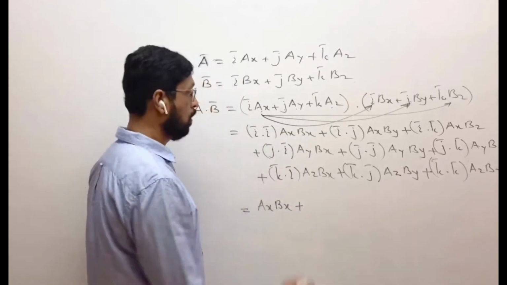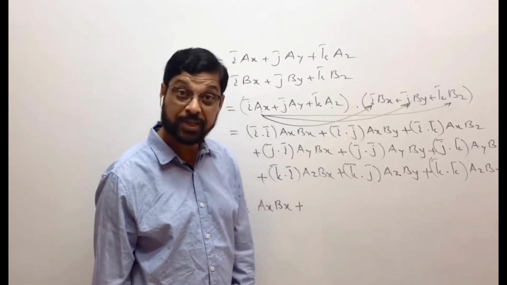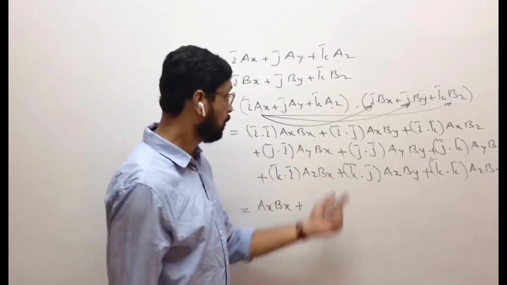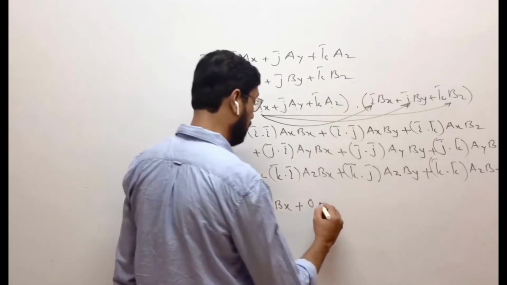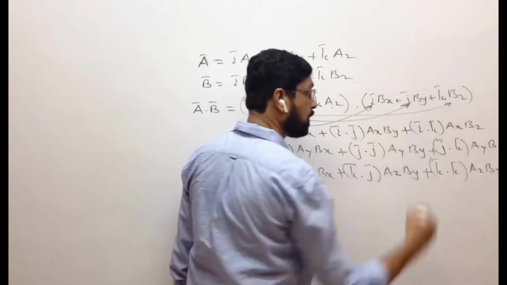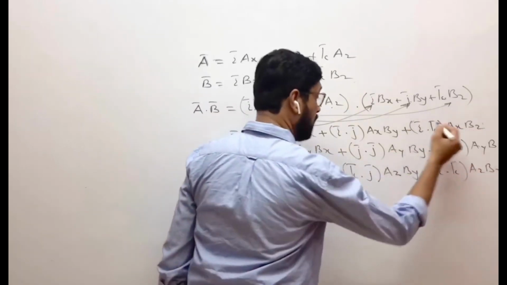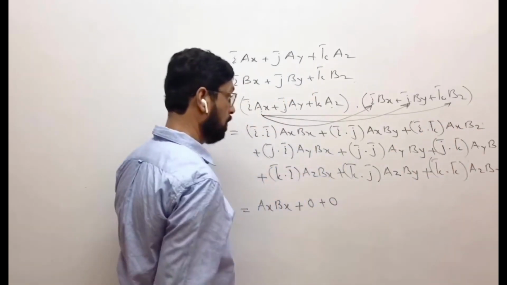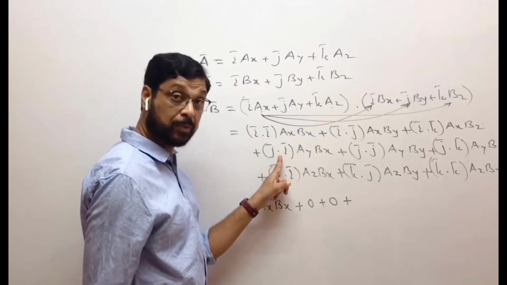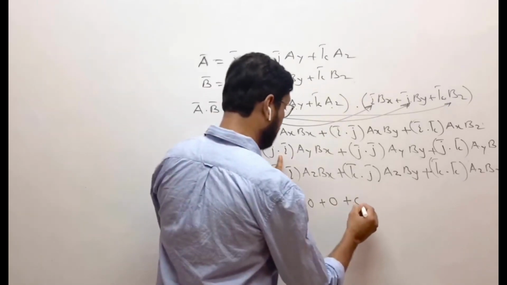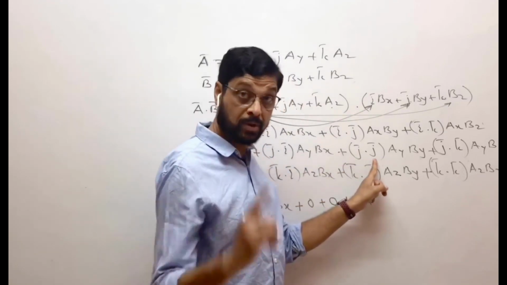plus what is I dot J? I dot J is 0. So 0 into AxBy will be 0, plus I dot K. I dot K is again 0. So this whole term will become 0, plus J dot I is also 0, plus J dot J is 1.